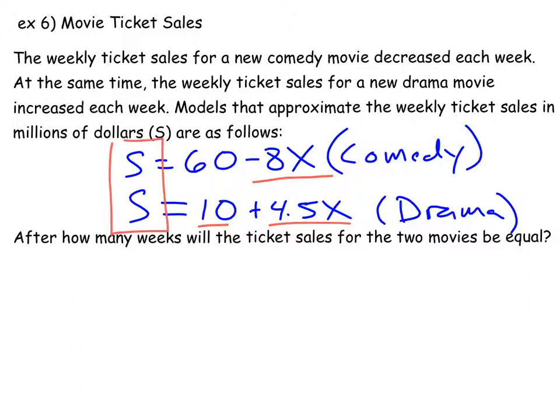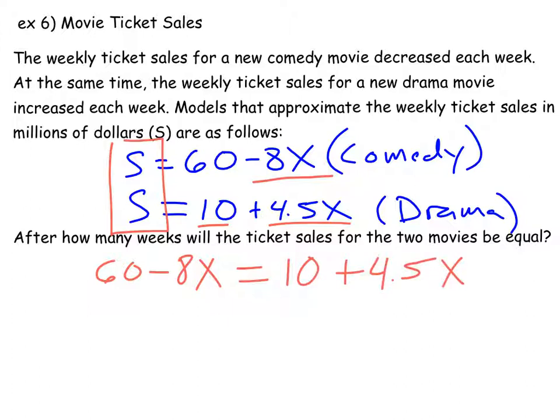They both equal S. So what I'm after is to say, all right, 60 minus 8x, when is that going to equal 10 plus 4.5x? I'm going to move the constants over to the right side. Actually, let's put them over on the left. 60 minus 10. And then if I take the x terms and add them, I'll get 12.5.